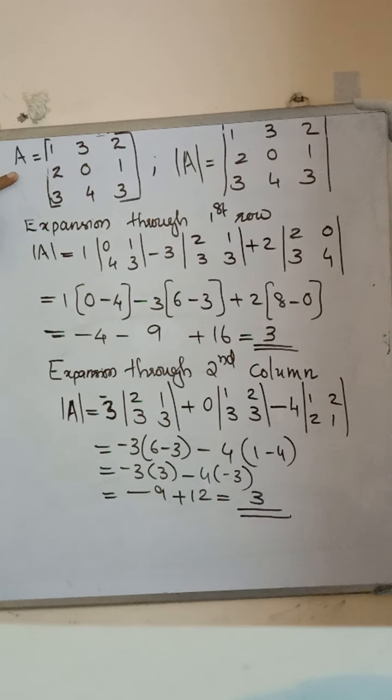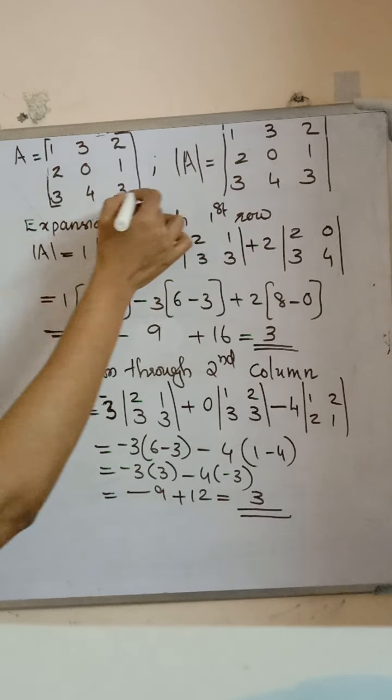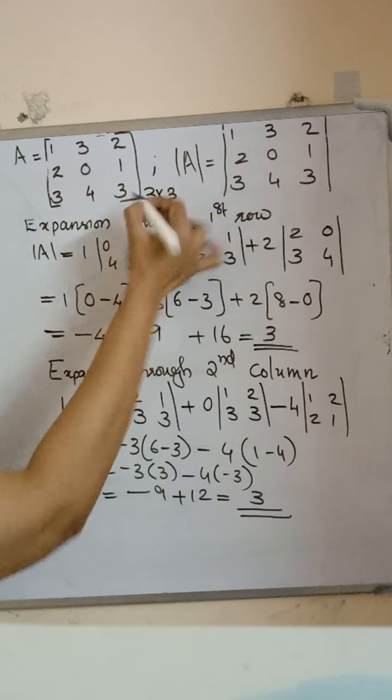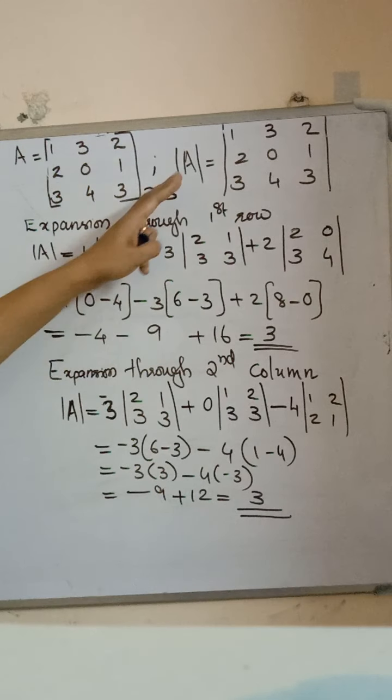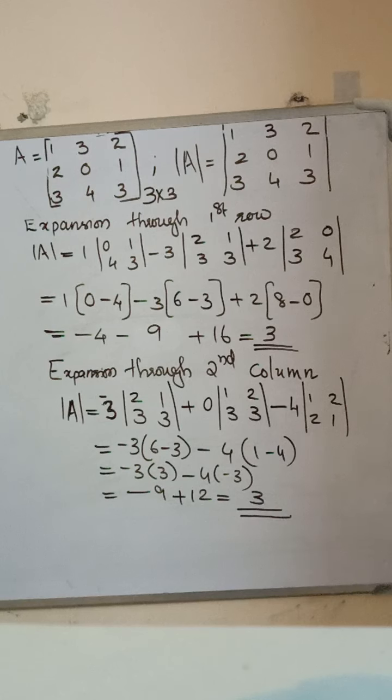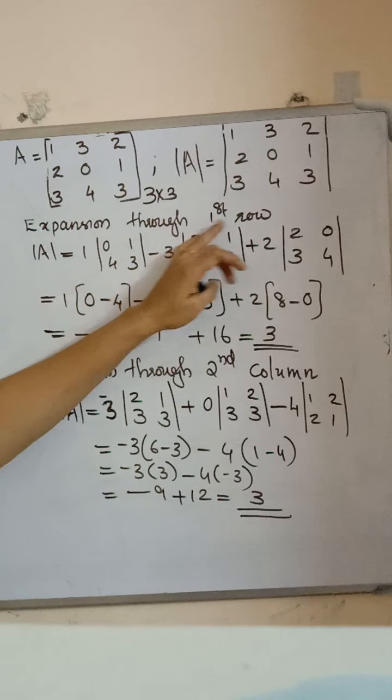Find the determinant of the matrix 1, 3, 2, 2, 0, 1, 3, 4, 3. Here it is a 3 cross 3 matrix. Determinant A equals determinant of this matrix. First we expand through the first row.